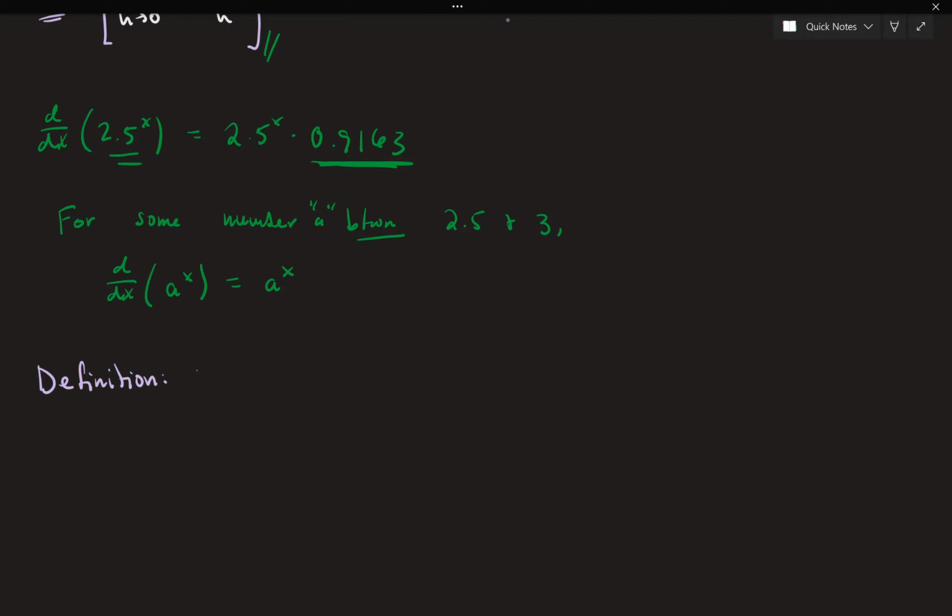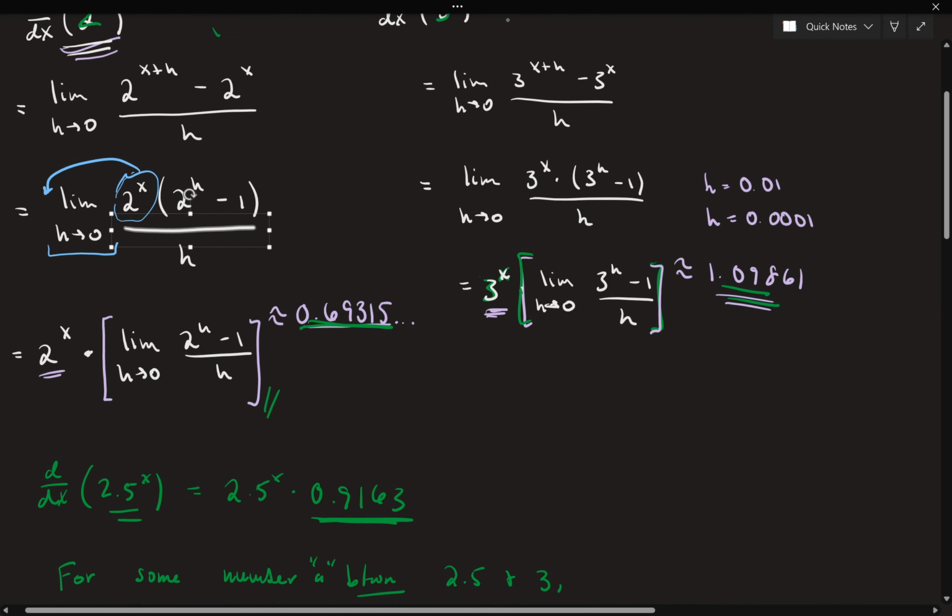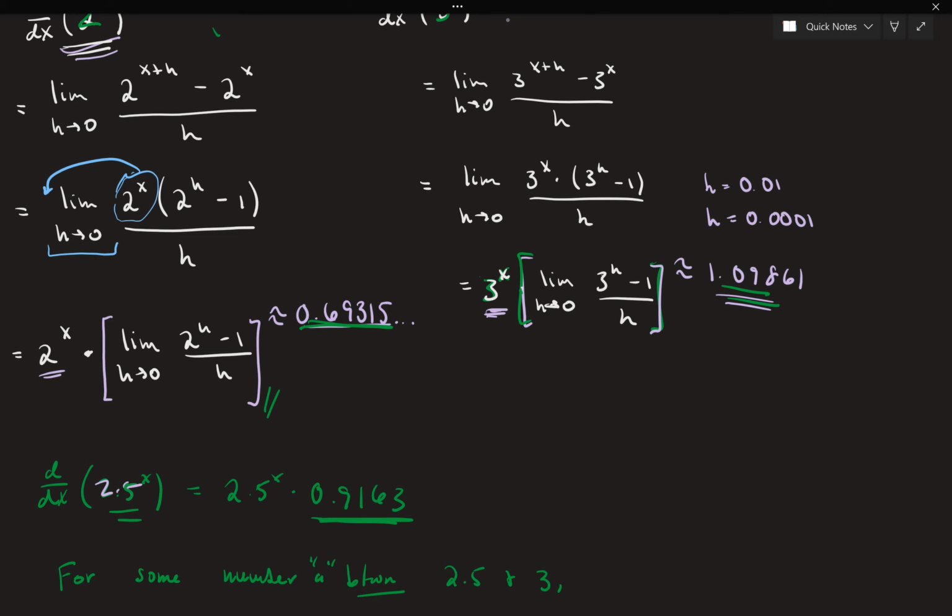Here's a definition. The number a which makes this limit, so what is it going to be? a is the base here. So it's going to be a to the h minus 1 over h.